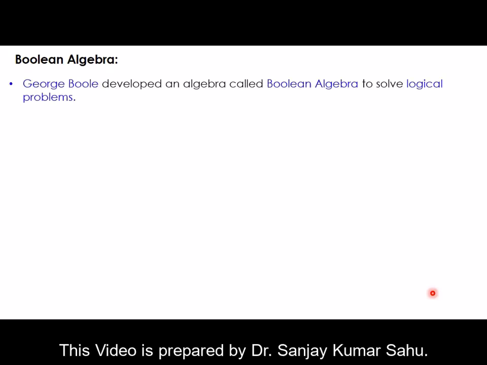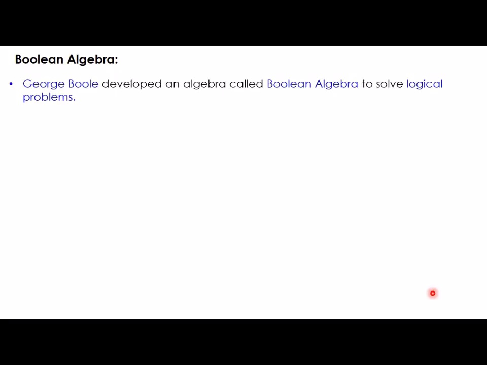So Boolean algebra is required to solve logical problems in digital circuits. It is described as the algebra of logic or algebra of two values. So this Boolean algebra is used only in the binary number system, only by digital circuits.